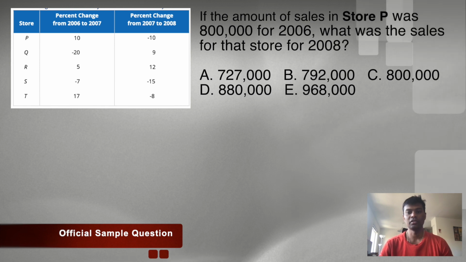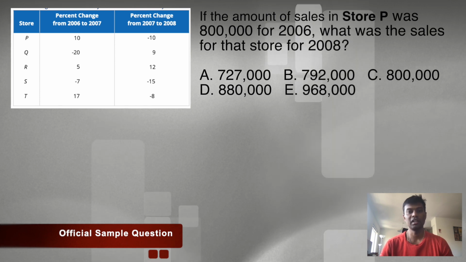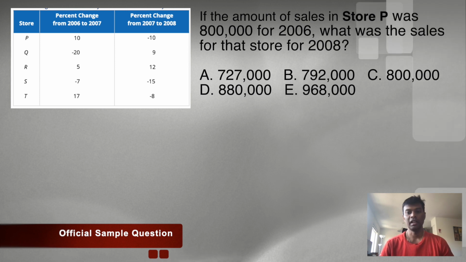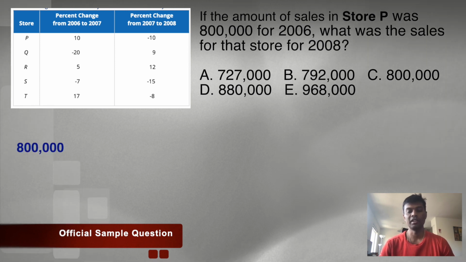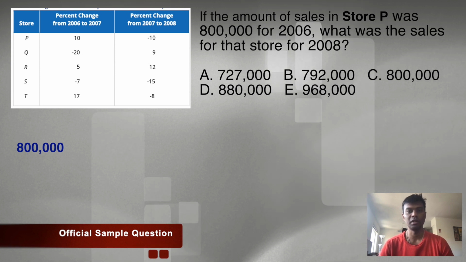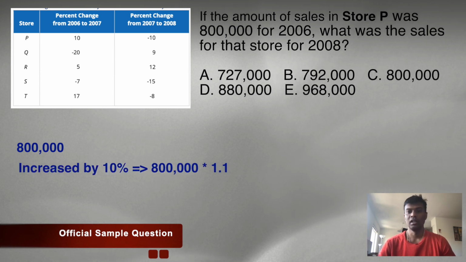Now, the way we can solve this is we look into the table and we see that in the first column for store P, there has been an increase of 10% from 2006 to 2007. Hence, from 800,000, since it has increased by 10%, we just need to multiply it by 1.1, and we get $880,000.